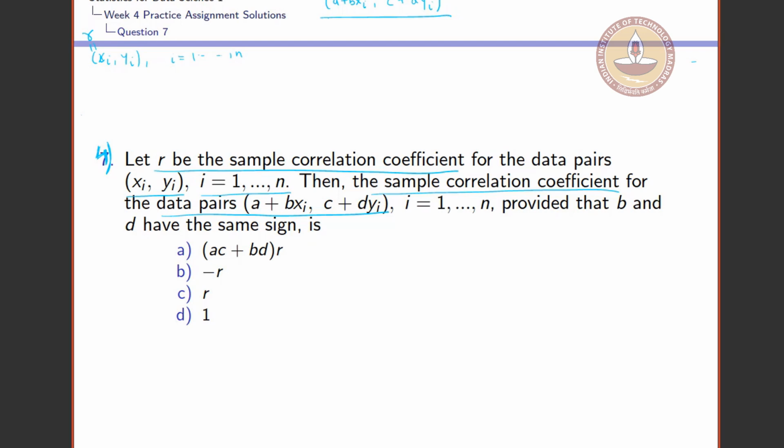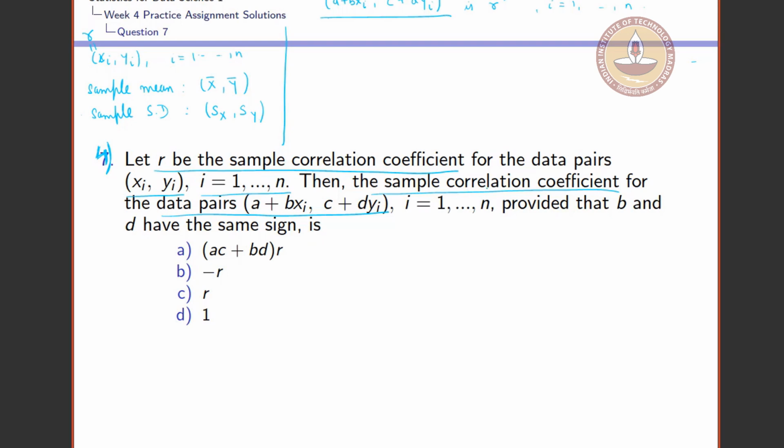So let the correlation coefficient for the data pairs be R dash, where again i is varying from 1 to n. Let us assume that the sample mean for the data pairs xi, yi be x bar, y bar, and sample standard deviation to be sx, sy.